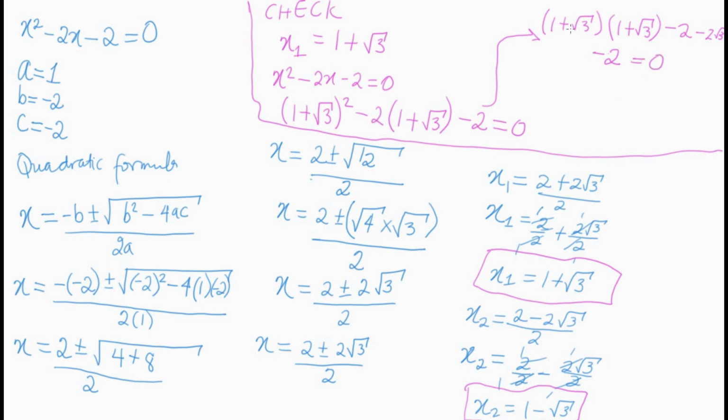equals 0. So 1 times 1, when we start expanding what's in the bracket, is 1. 1 times root 3 is plus root 3. Root 3 times 1 is root 3, so plus root 3. And root 3 times root 3 is just 3, because anytime you multiply two of the same values together that are in a square root, the square roots cancel out.